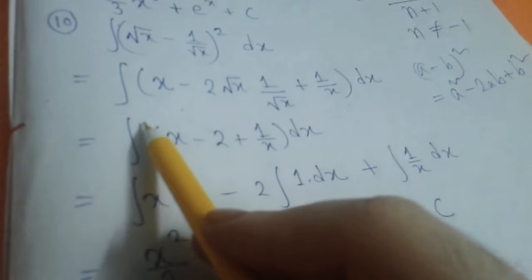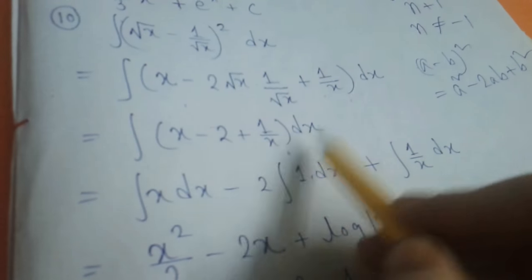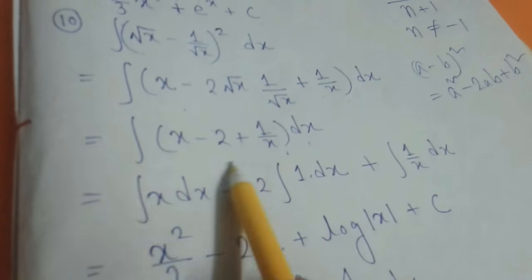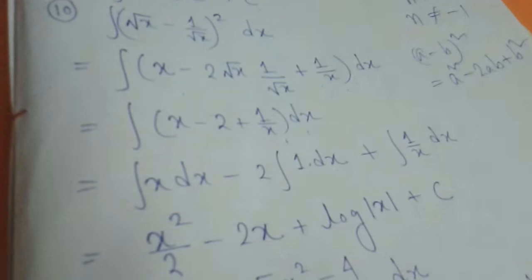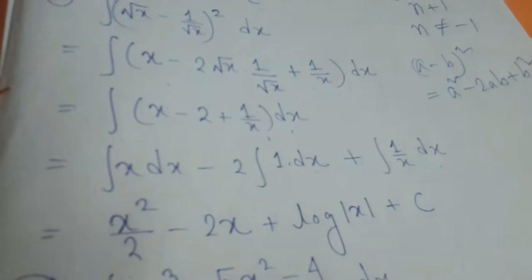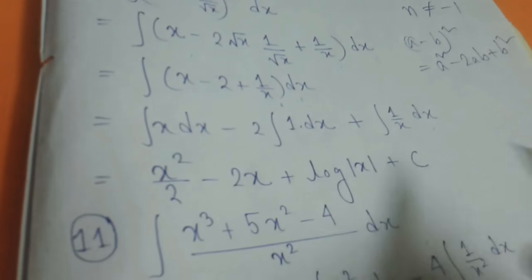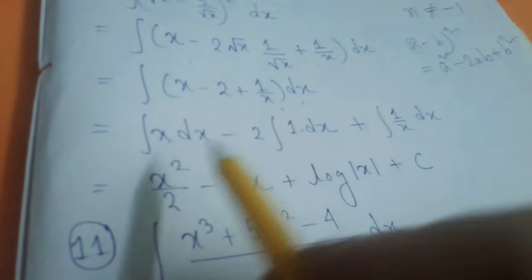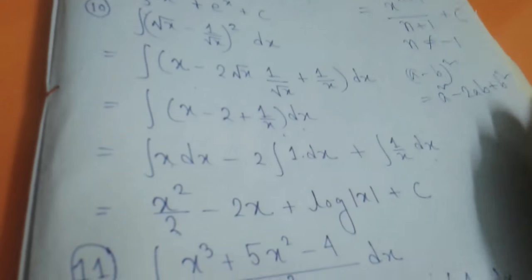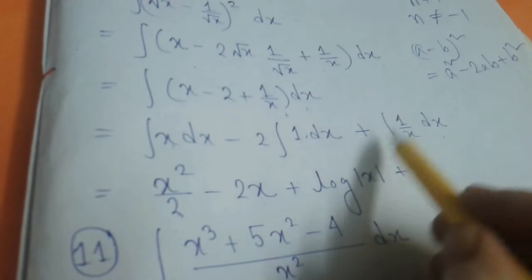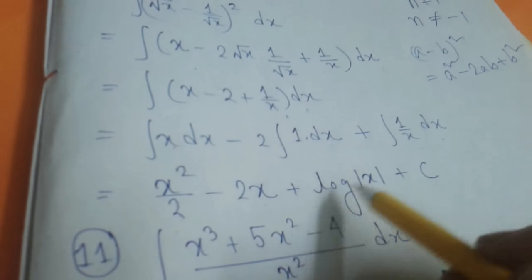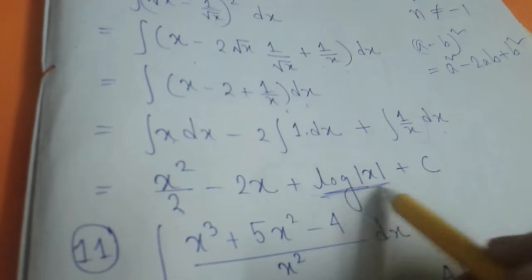Separating, equals to integration of x minus 2 plus 1 by x dx. Separating, equals to integration of x dx minus 2 into integration of 1 into dx plus integration of 1 by x into dx. Now integration of x gives x square by 2, we know, and minus 2 times integration of 1 gives x, plus the integration of 1 by x is log mod x.